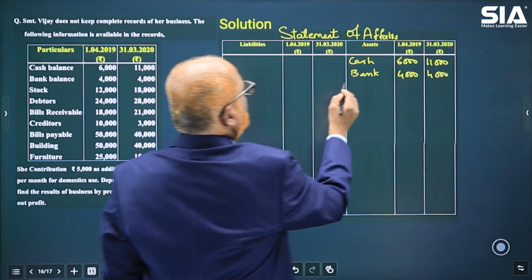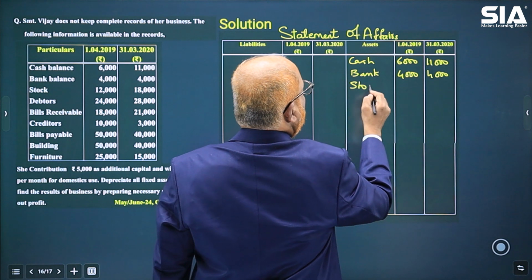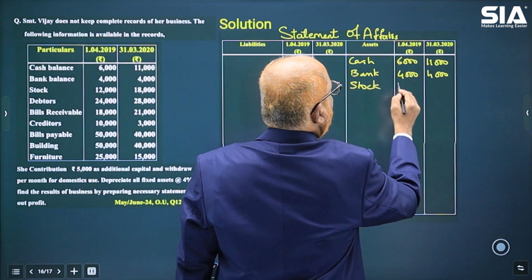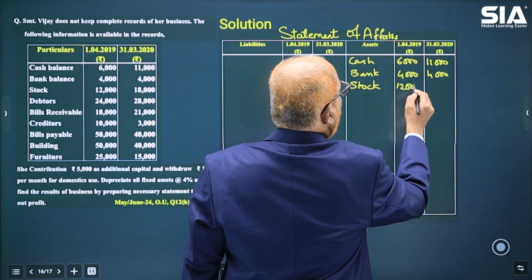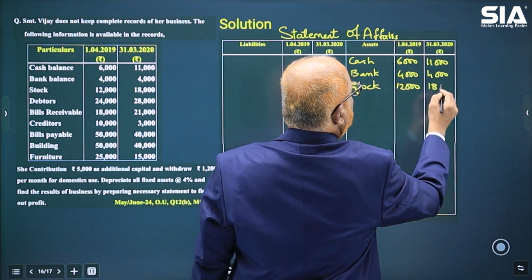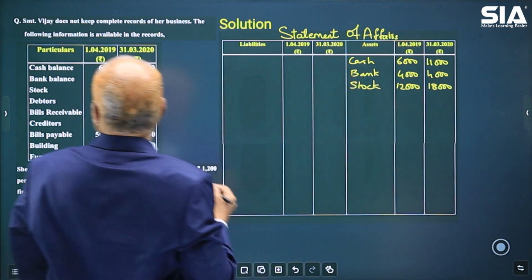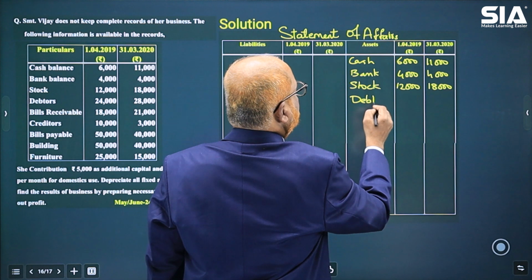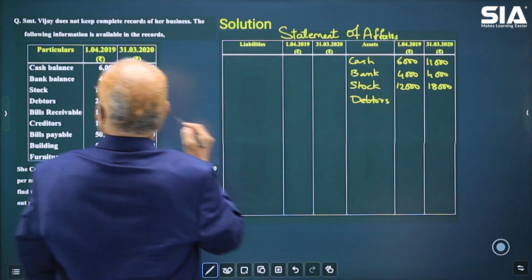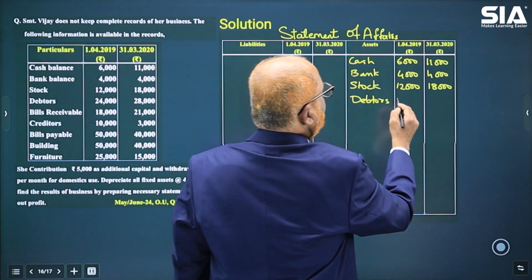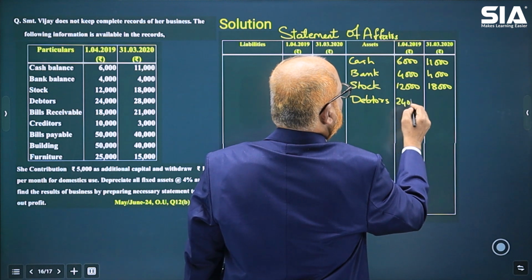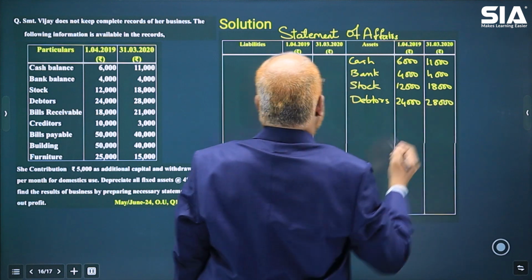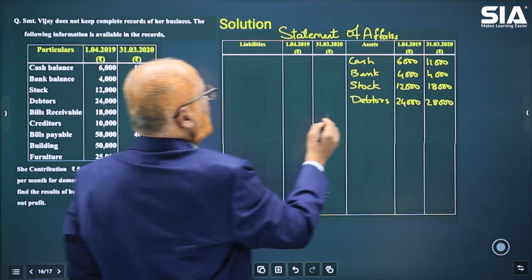Then we have stock, an asset. Beginning of the year 12,000 and 18,000. Then we have debtors. How much debtors? 24,000 and 28,000.